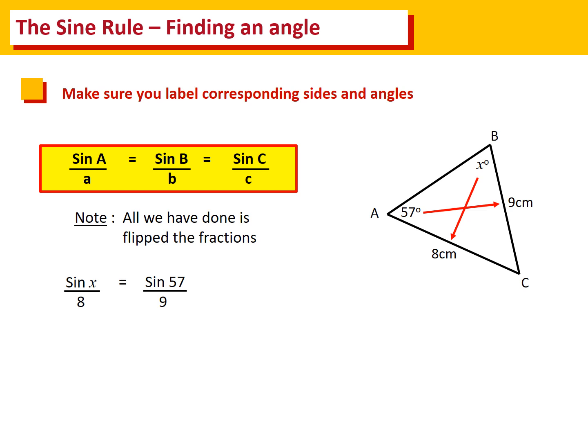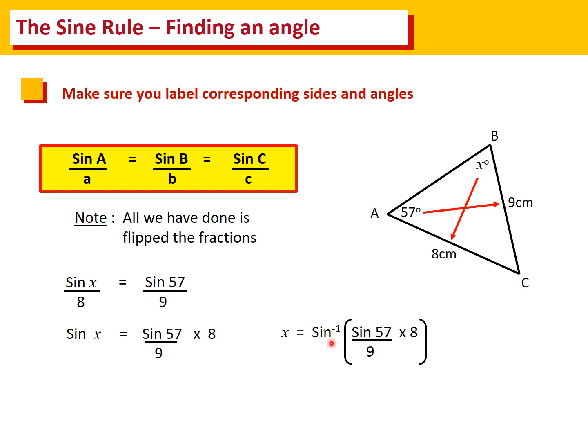To leave sine x on its own, we multiply by 8, and then remember, when we're trying to find an angle, we have to press the shift sine button on our calculator. That's how we write it, as sine to the power of -1, which we call inverse sine.